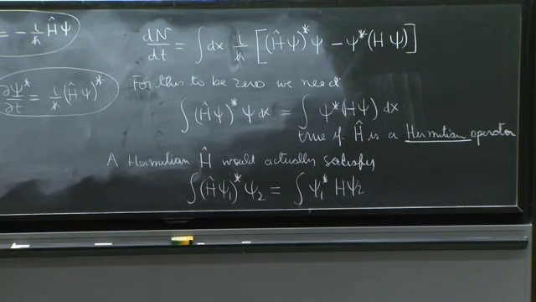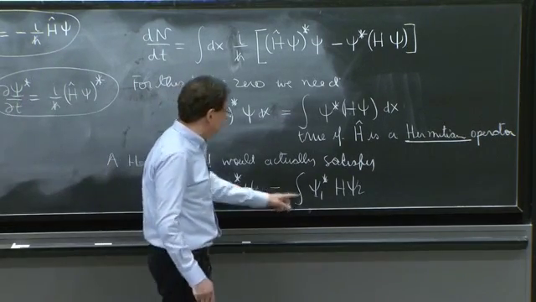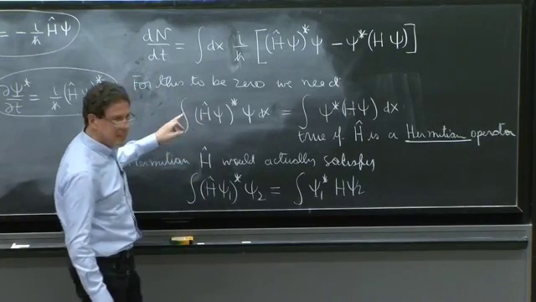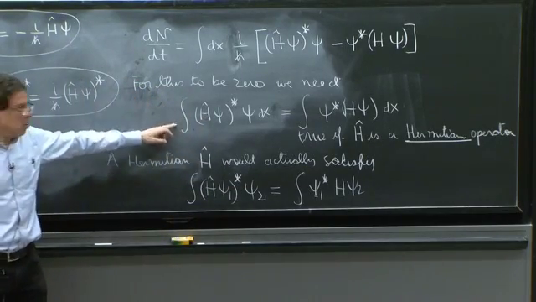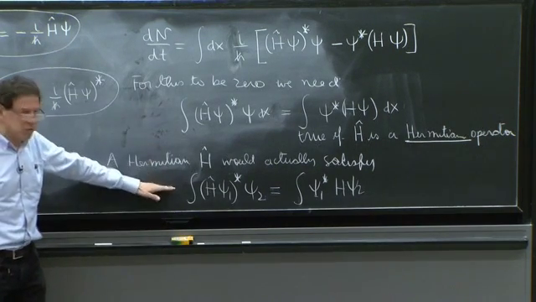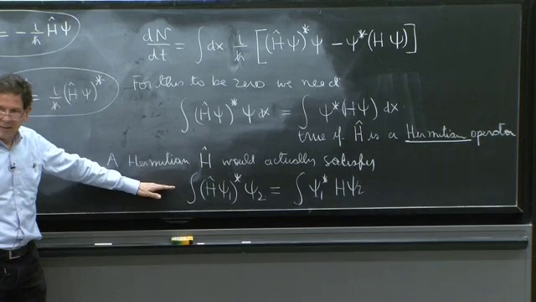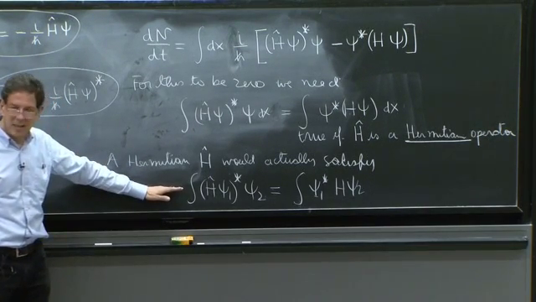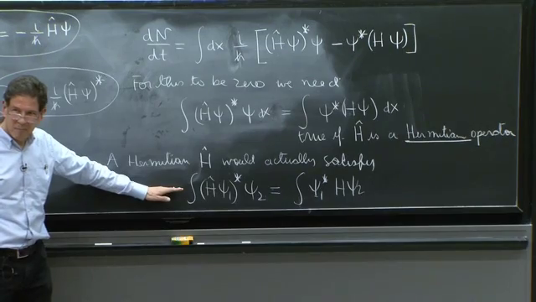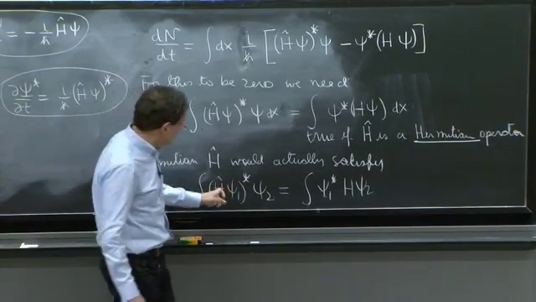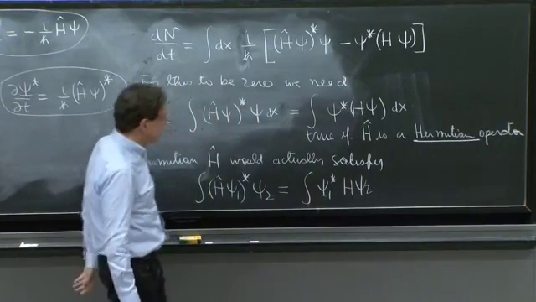Now, of course, if it holds for two arbitrary functions, it holds when the two functions are the same, and it's this case. So what we need is a particular case of the condition of hermiticity. Hermiticity means that the operator does this thing. Any two functions that you put here, this equality is true.